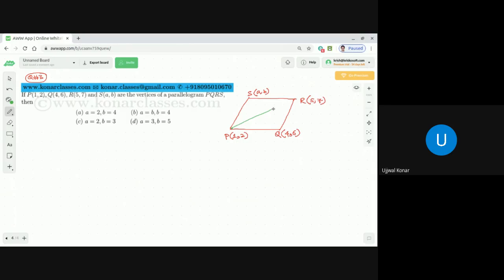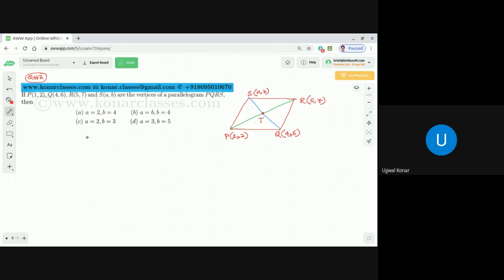PR is the diagonal, and another diagonal I draw in blue color, that is SQ. Now, though it doesn't exactly look like a straight line, you understand it is a straight line. Suppose the intersection point is T. So T is the midpoint of PR.